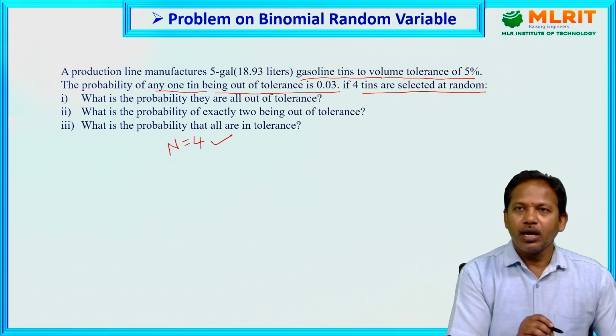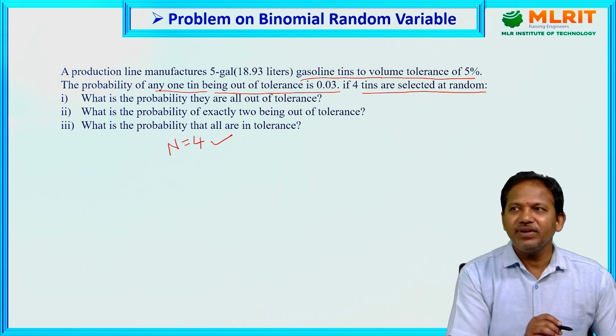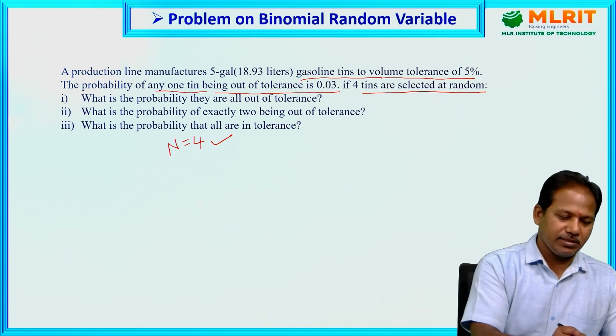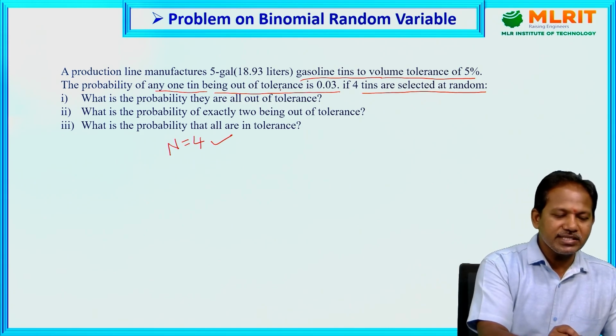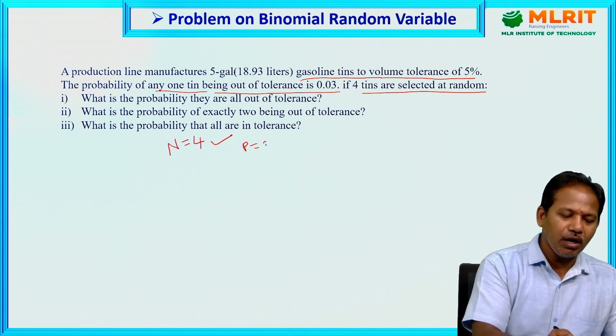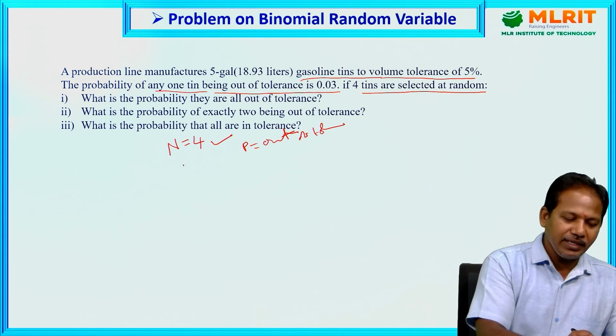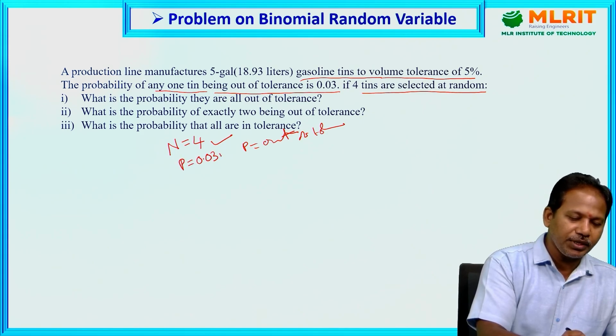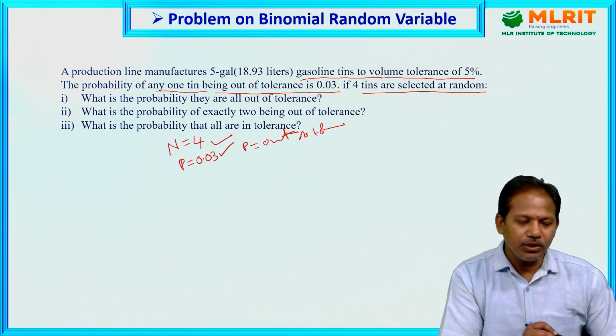So now our main probability event will be taken as out of tolerance. Here the out of tolerance probability is 0.03, so P is equal to 0.03. We know the N value and we know the P value.